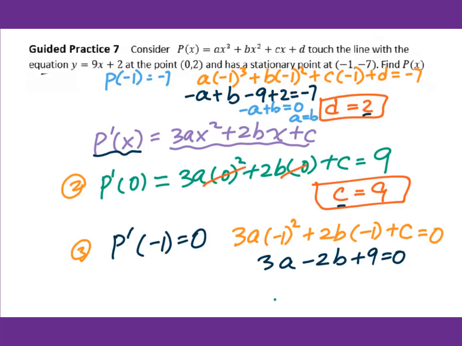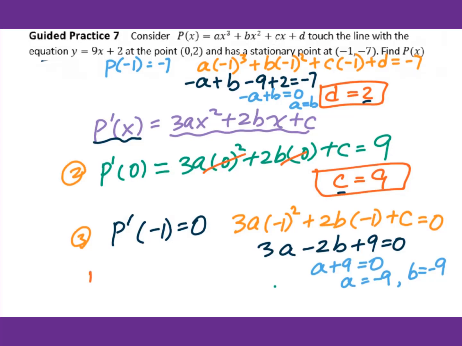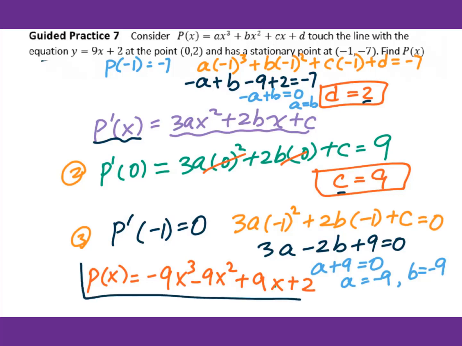If a equals b, then you can get a plus 9 equals 0. So a equals -9, and b equals -9 too. In other words, we can figure out p of x equals -9x to the third power minus 9x squared plus 9x plus 2. This will be the function for p of x.